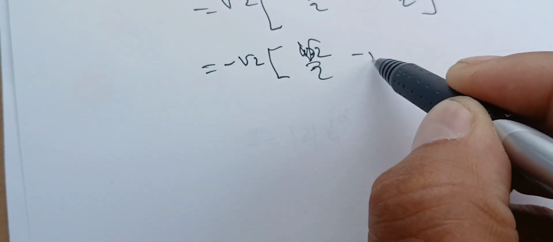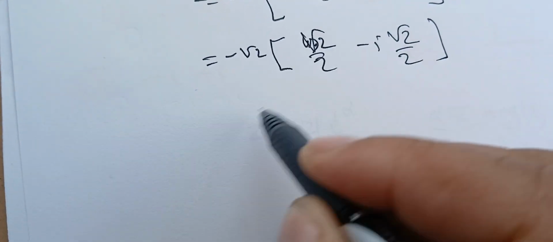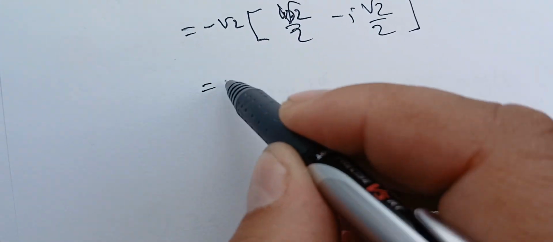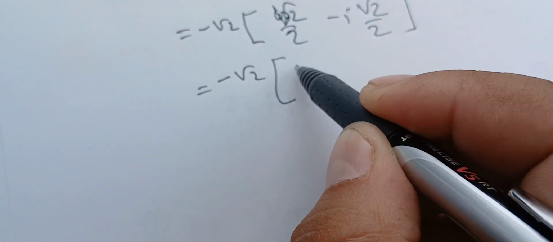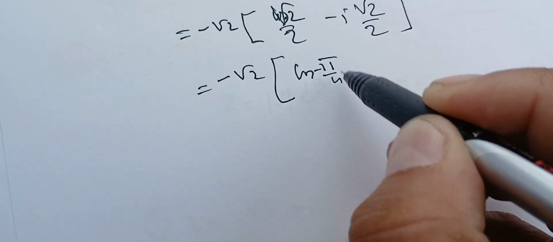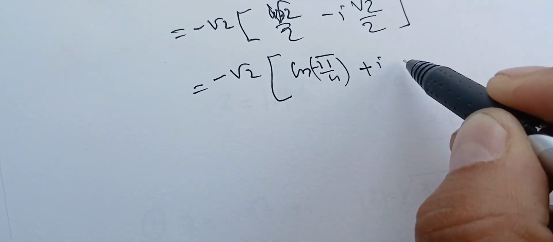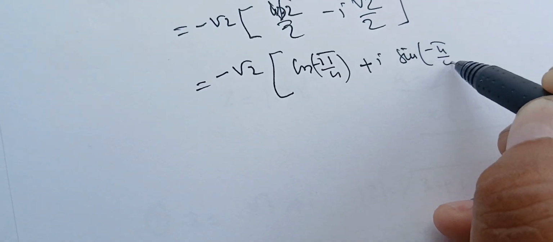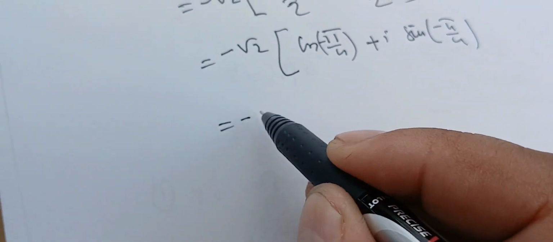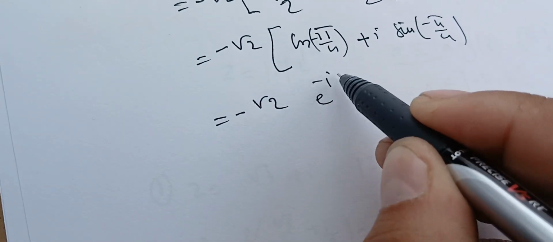We can take it out and write minus square root of 2 times square root of 2 over 2 minus i square root of 2 over 2. Here we know that this is minus square root of 2 times cosine of minus pi over 4 plus i sine of minus pi over 4. So we can write it as minus square root of 2 e to minus i pi over 4.